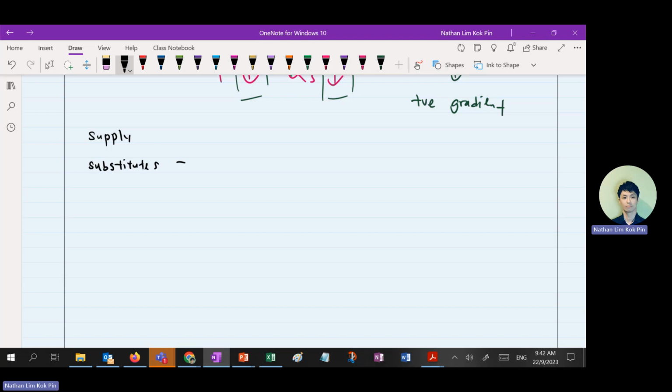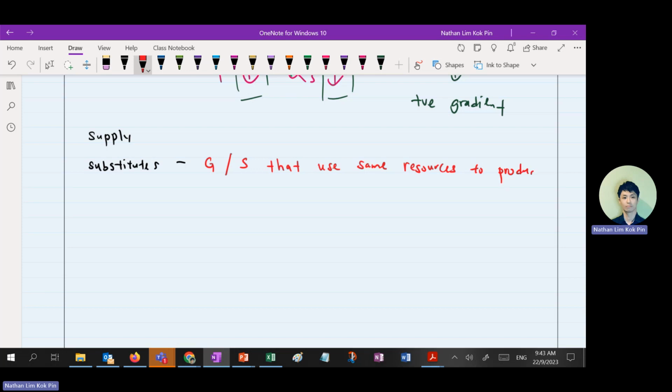Substitutes can be defined as goods or services that use the same resources to produce, because it's the producer.